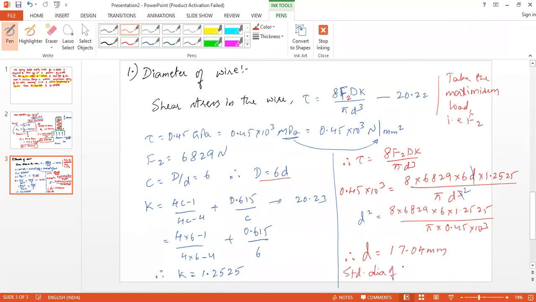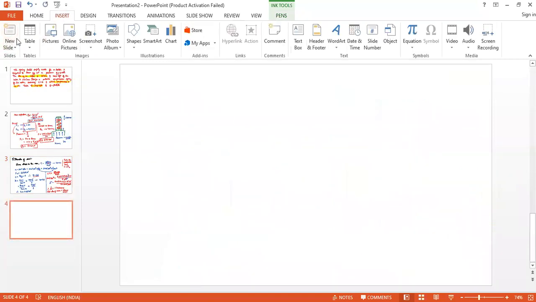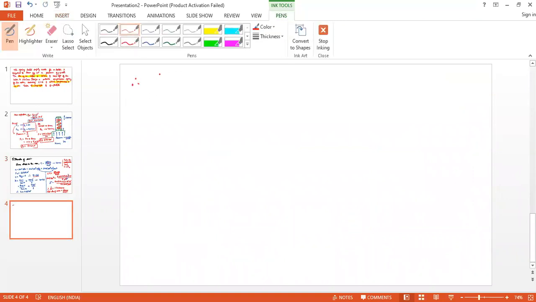Therefore, what will be the diameter of spring? Diameter of spring is capital D, that is equal to 6 times the diameter d.